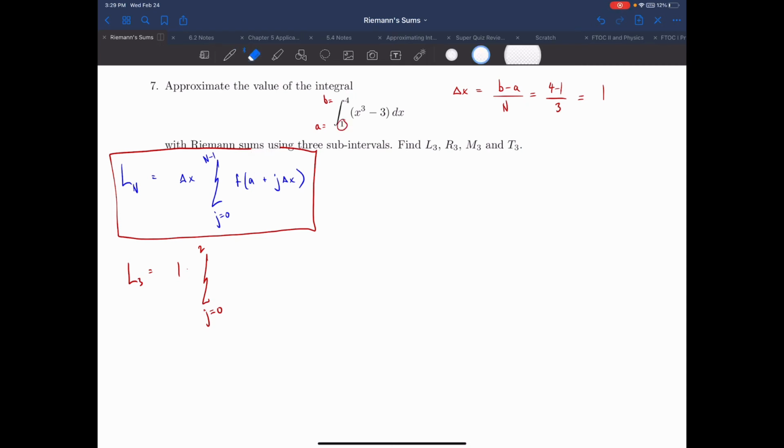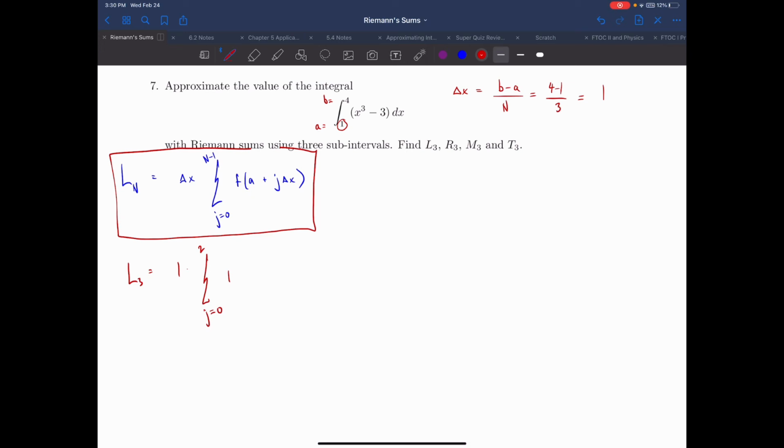So this one will look a little different than the other one we did. So f of a plus j delta x, we're going to plug all of those things into the function. So I'm going to rewrite this a couple times. So we're going to have a plus, and a is 1. So I'm using x cubed minus 3.